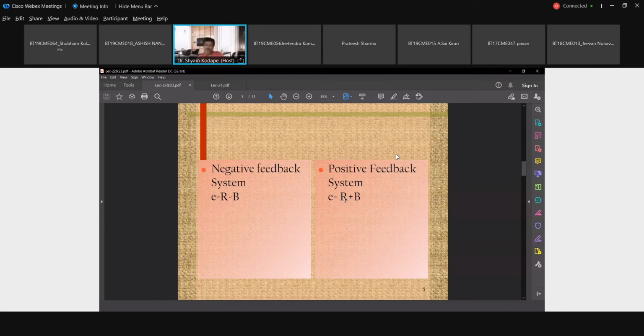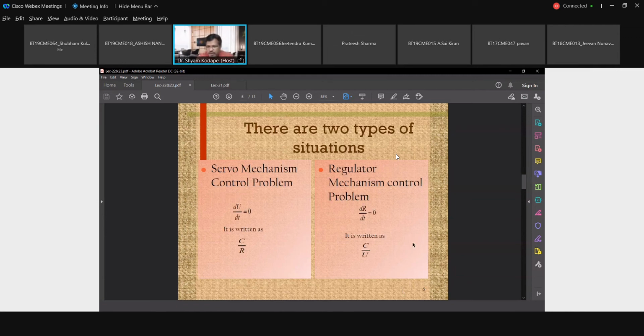ठीक है, तो इस सिचुएशन में cause of some accidents. It's 12:38 time है. So there are the two situations which we have discussed earlier. The control system always works on that. One is the servo mechanism in which rate of change of load variable is constant with respect to time, and we represent it by C by R. And dr by dt is nothing but the set point is not changing with respect to time.